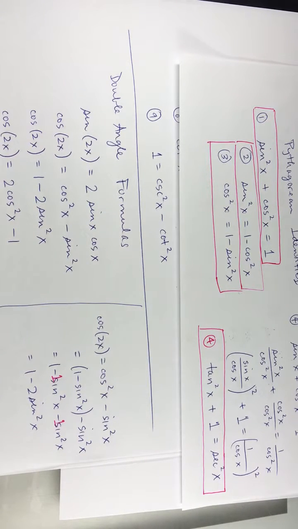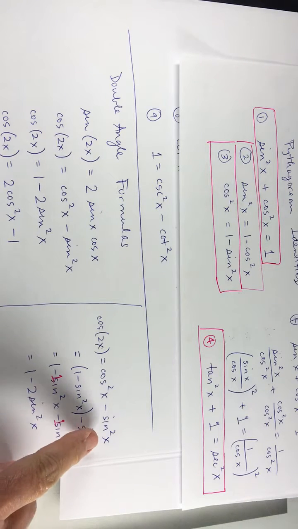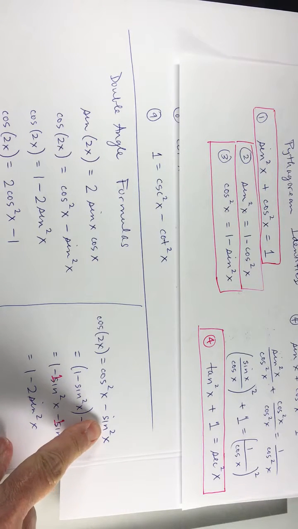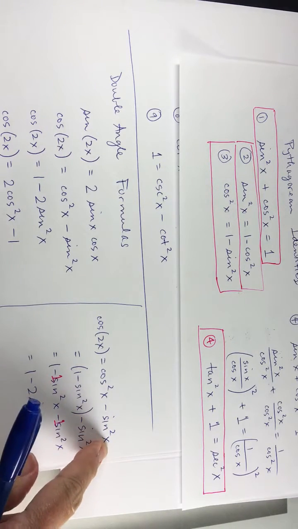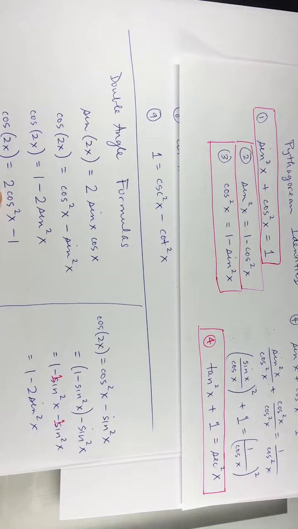I would have to worry about a sign change in that one. You could go back here and substitute instead for sine squared x, 1 minus cosine squared x. This minus sign would distribute, and it would give me positive 2 cosine squared x minus 1. So there are the double angle identities.